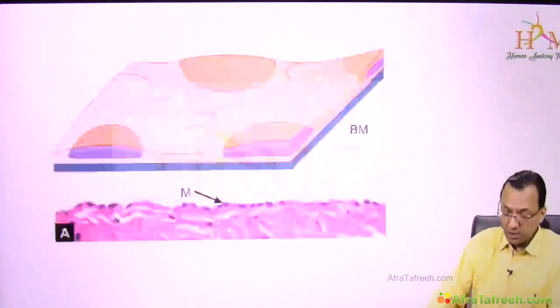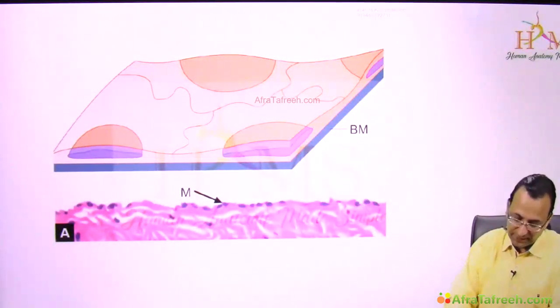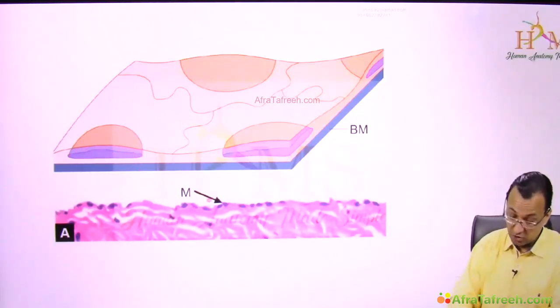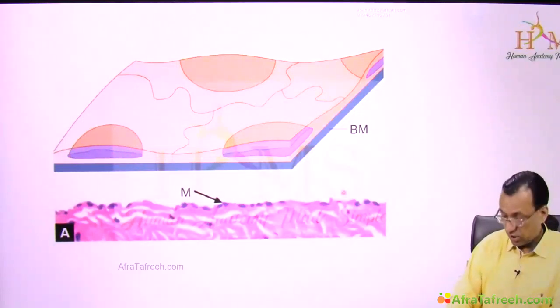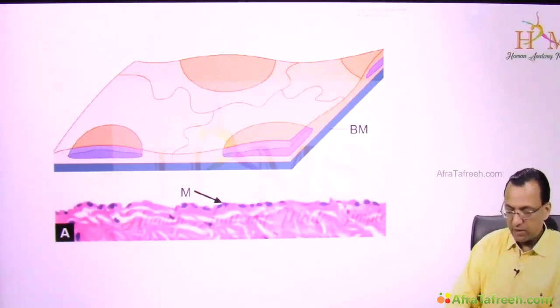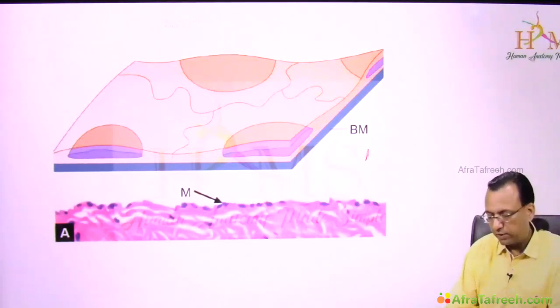Now, if you are talking about simple squamous epithelium, it is flat cell with flat nucleus, but not necessarily. It could be globular also. Where did you see that? Resting thyroid follicle. Where else? Mesothelium. What is mesothelium?